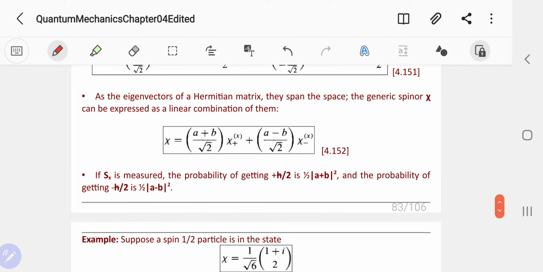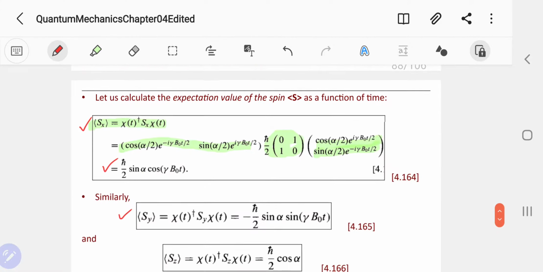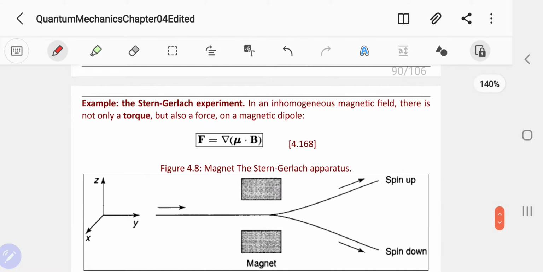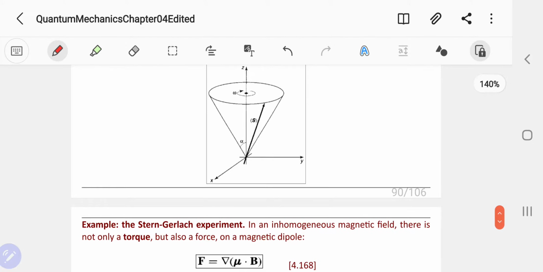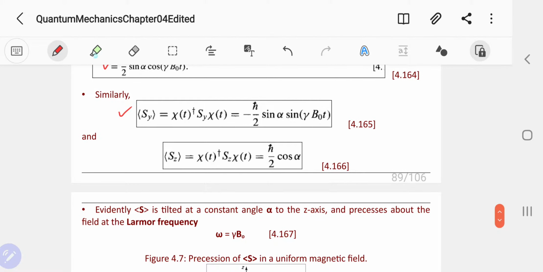You just substitute that to get the spin expectation value. Here, for Sy, you just use the matrix equivalent for Sy, and then for Sz you will get this one also as the expectation value.